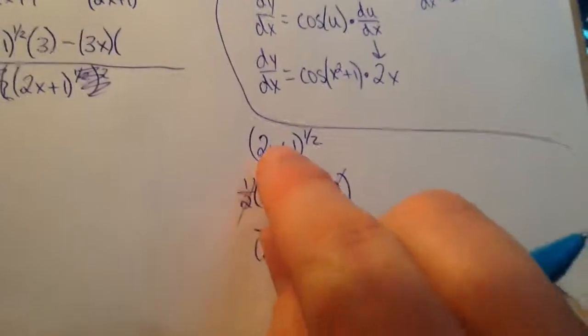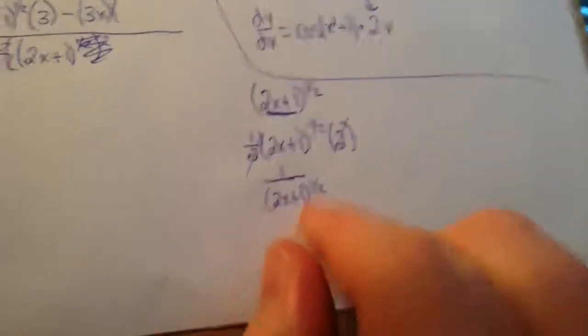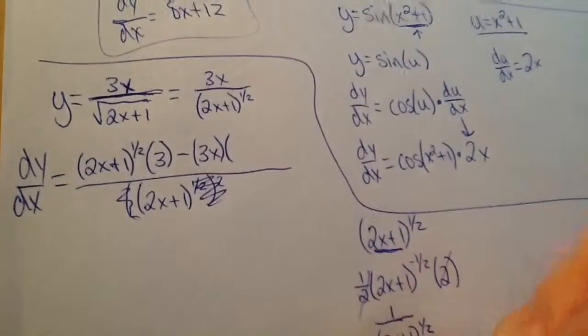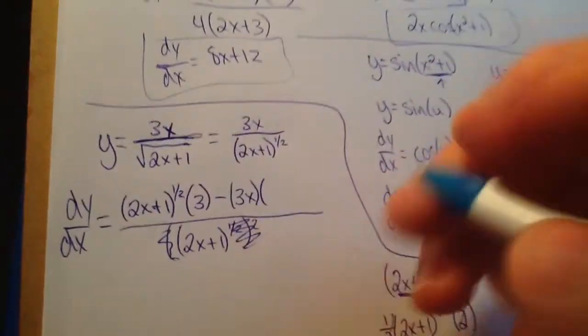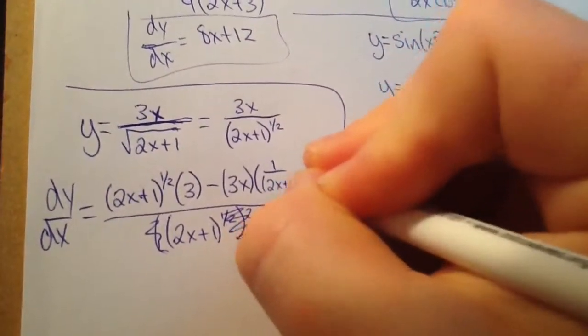So there is my derivative of that. Weird how it's just the same thing, it's just 1 over. So that's what goes here, right? That's what we just did. We did the derivative of that, so that goes here. 1 over 2x plus 1 to the 1/2.